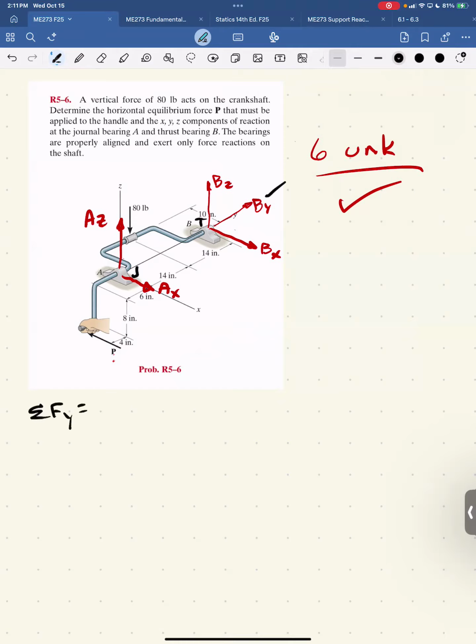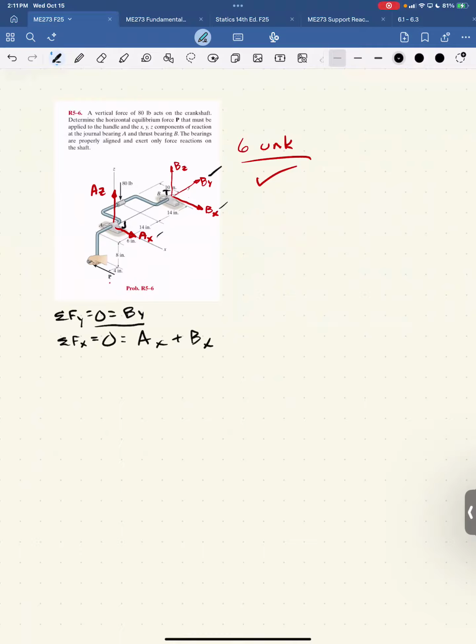Easy enough. Let's move on and sum forces in the x direction and set that equal to 0. I've got Ax and Bx, and I drew them both positive, so Ax plus Bx, and then P down here, which is in the minus x direction. So that's one equation.